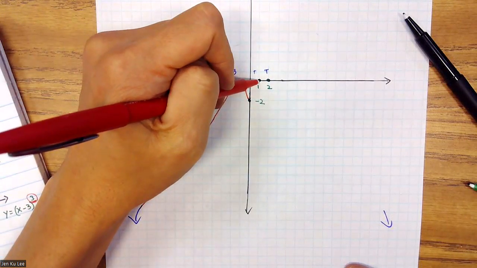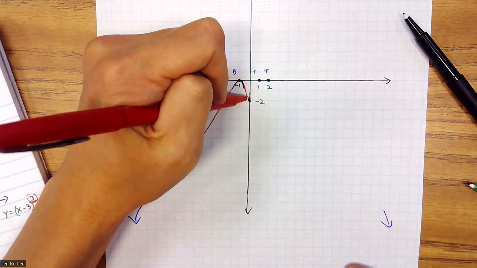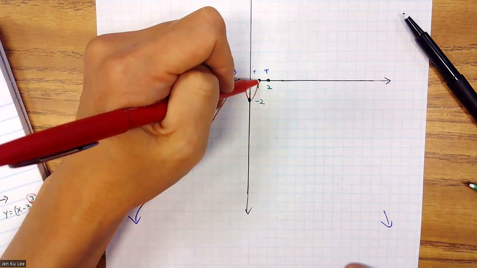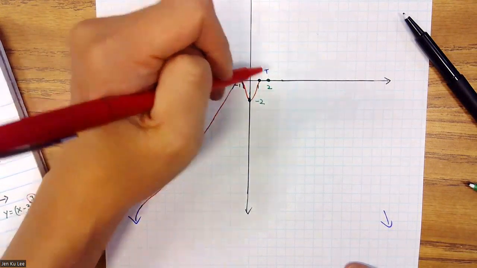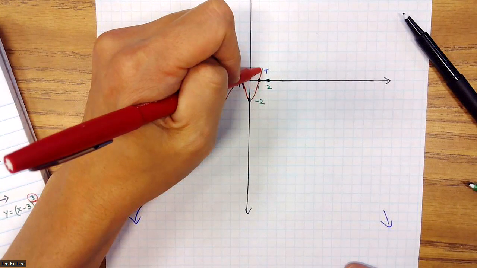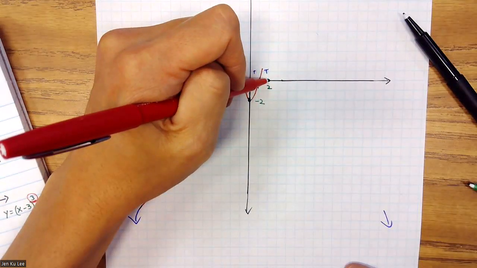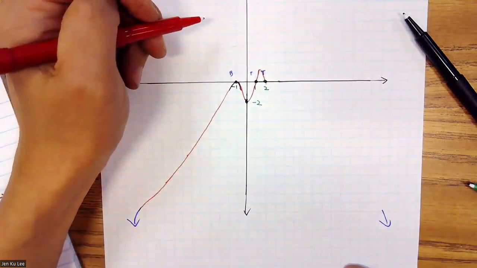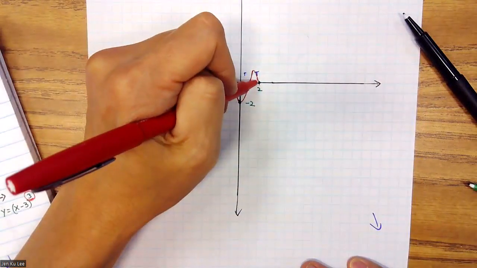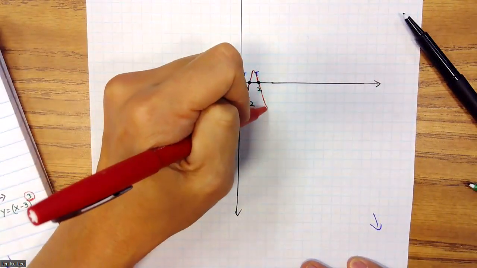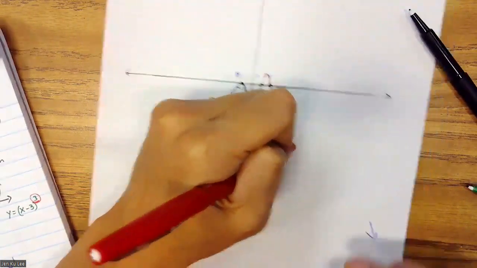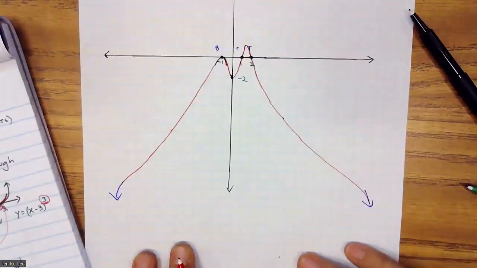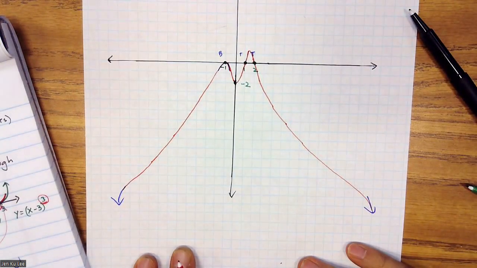But I know it's going to go through here at 1 because that's one of my zeros, so my graph has to hit it. And at this point, it's going to go through it because its multiplicity is odd. But I know I'm going to have to come back down to go through this point at 2. So I'm going to just draw something that drops back down. And then here, you're just going to go to the end behavior. Okay? So that's what that graph looks like.